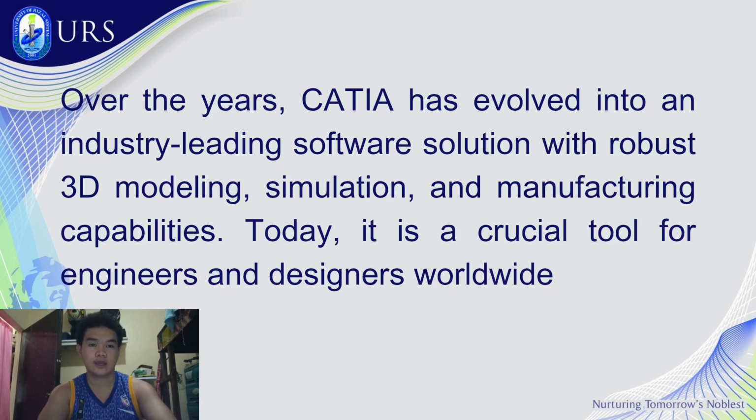Over the years, it has evolved into a powerful platform used for 3D modeling, simulation, and even manufacturing processes. What started as a specialized tool has now become essential across industries like aerospace, automotive, shipbuilding, and even consumer product designs.